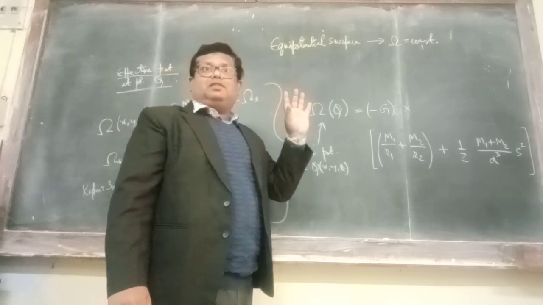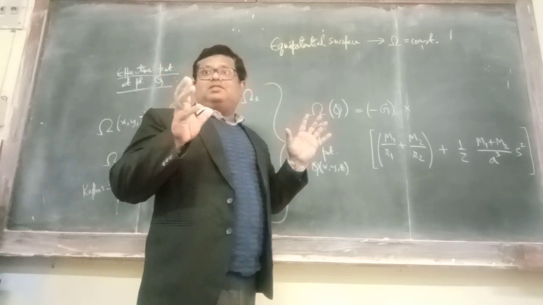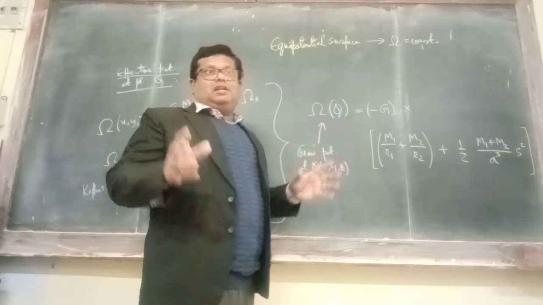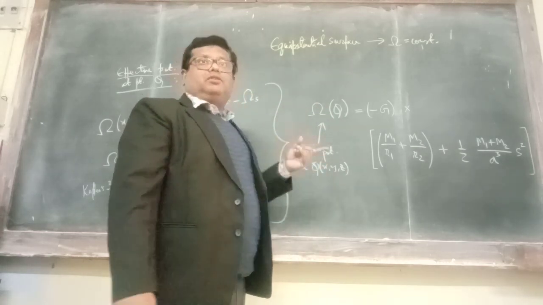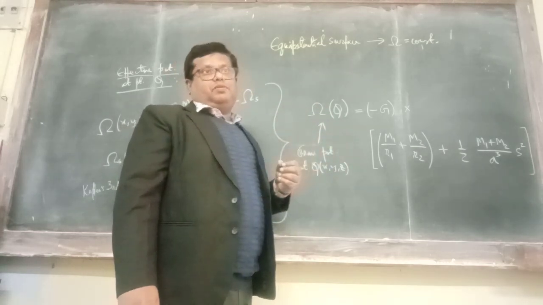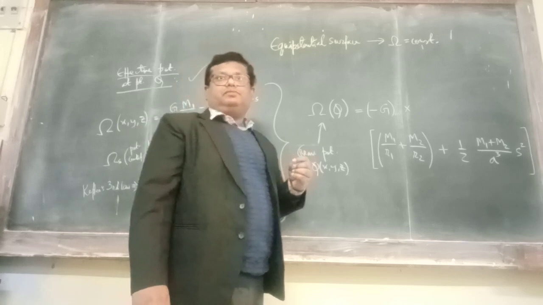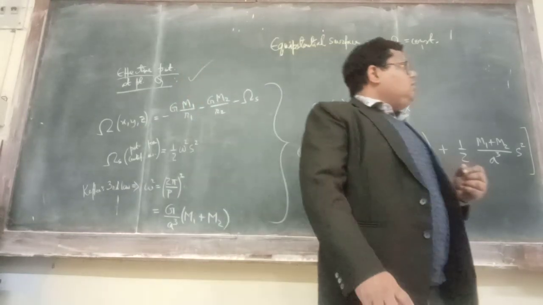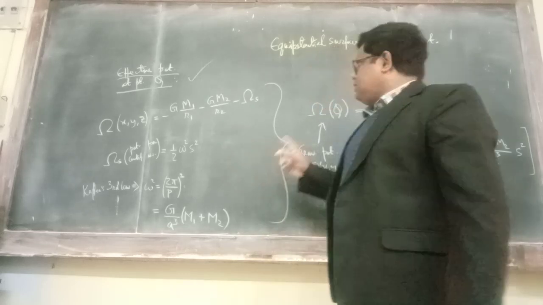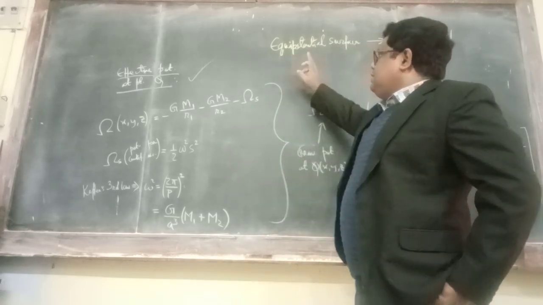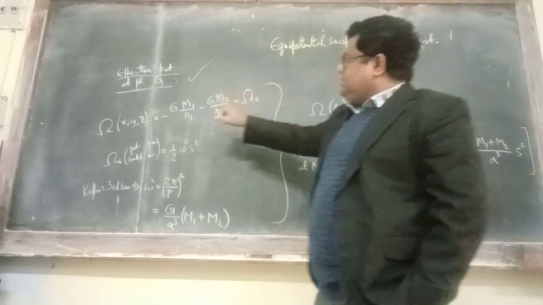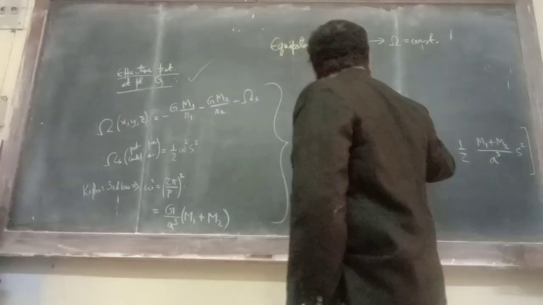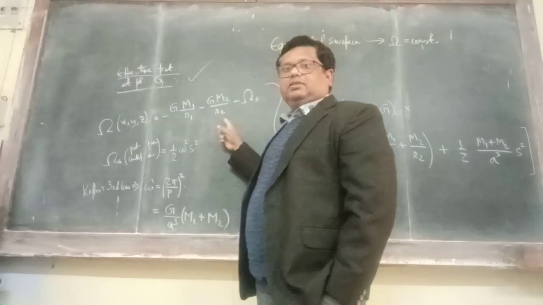Remember electrostatics? We talked about equipotential surfaces around charges and all that. Now here we will talk about gravitational equipotential surfaces. It is important to remember that although this is the entire expression, these are the origins.